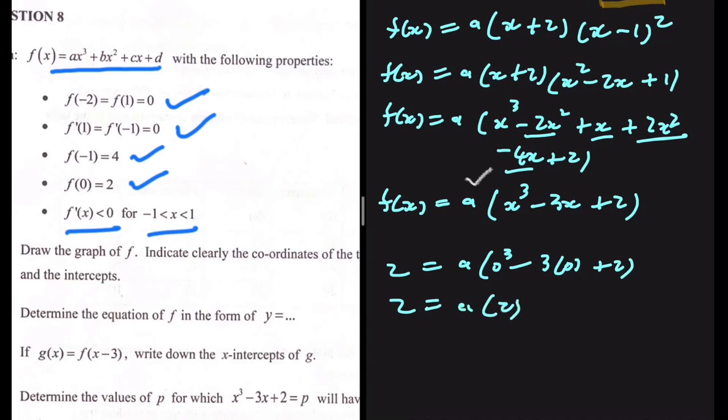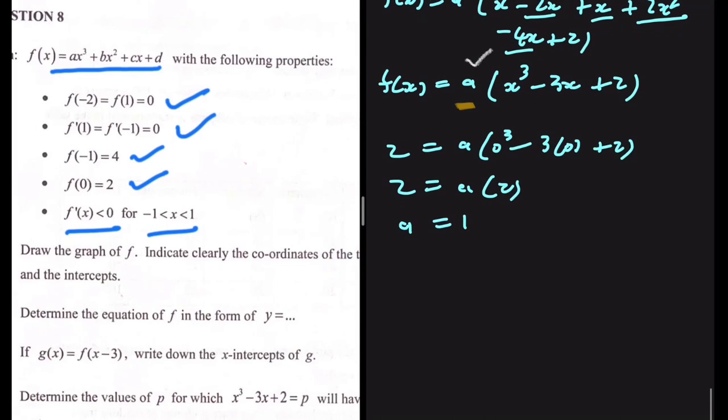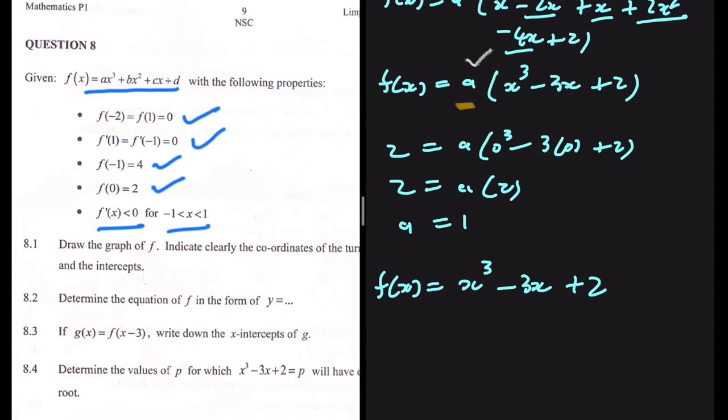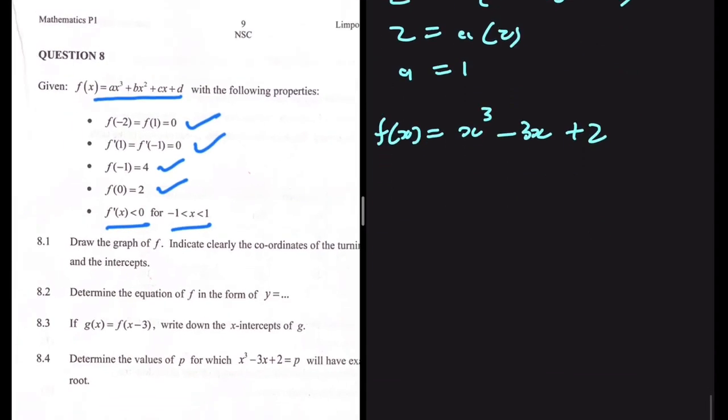It should be easy to see that a equals 1. So if we substitute 1 back here, then we're going to get f of x equals x to the power 3 minus 3x plus 2. This is our equation. Let's move to the following question.